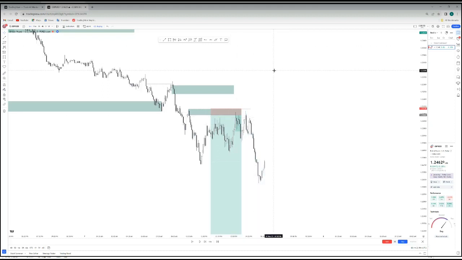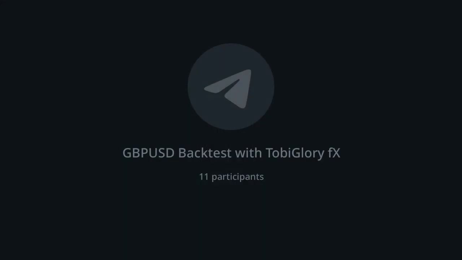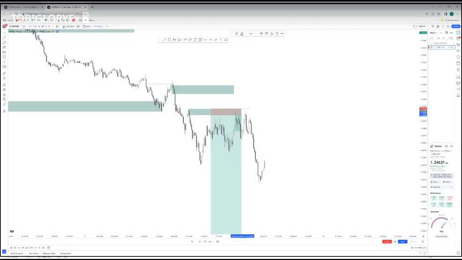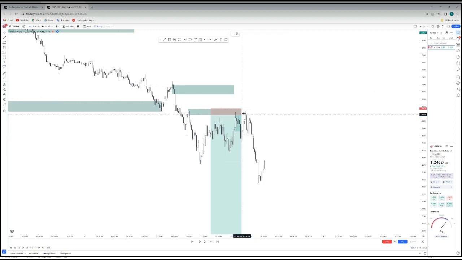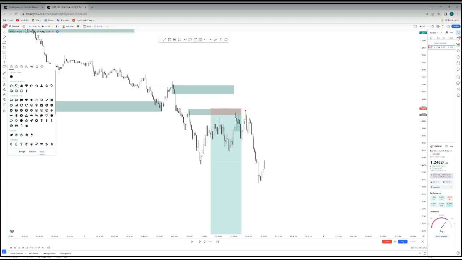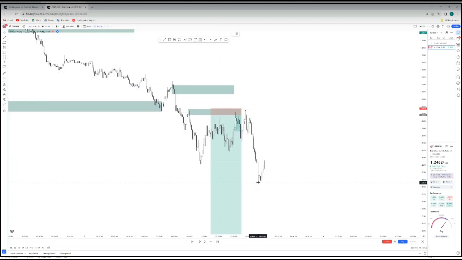All right, now we have a new range, which is we have this area, price to this area, and created its break of structure. So I have my new range here. This high and this very low.